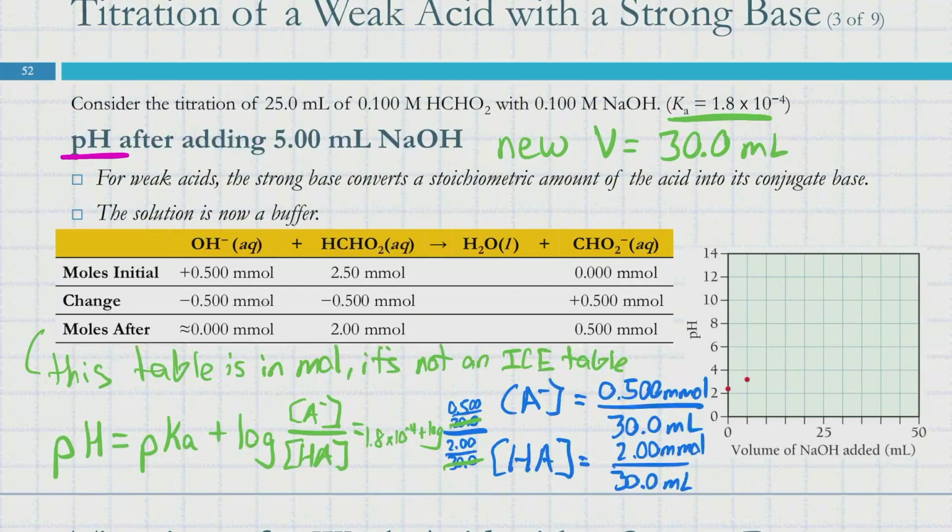So 1.8 e negative 4 plus log of 0.5 divided by 2. That's not right. What did I do?